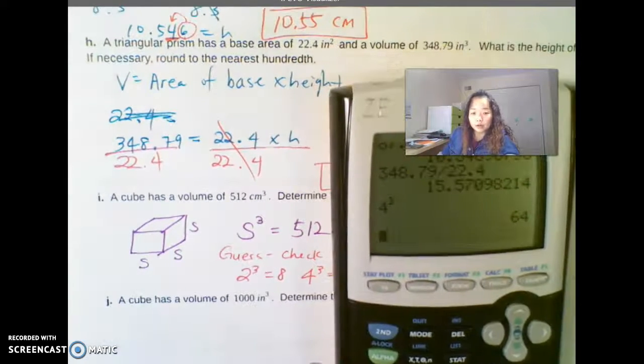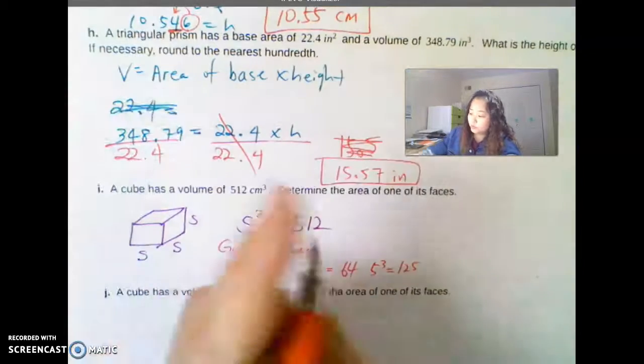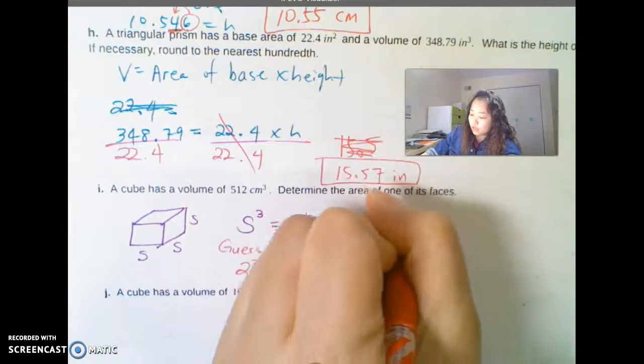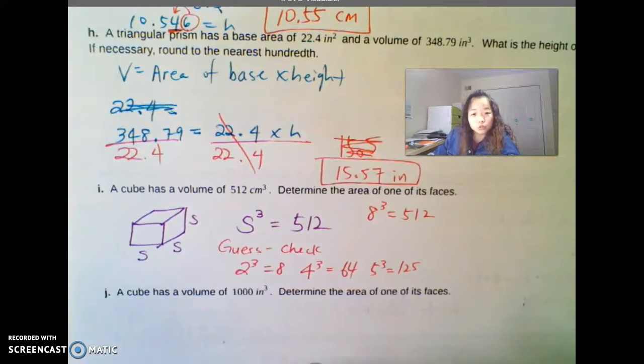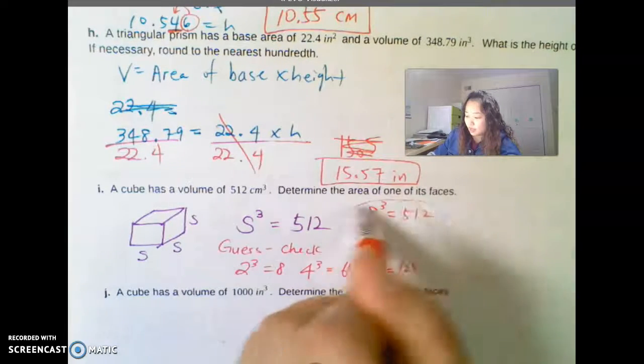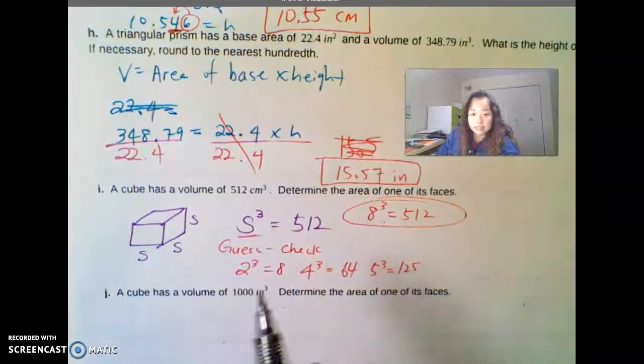What about 7 cubed? 343, still too small. 9 cubed? Ooh, that's too big. So what about 8 cubed? 512, woohoo! We're doing this just like in learning target 2 when we were guessing and checking. So 8 cubed turned out to be 512, so you know each side is 8.